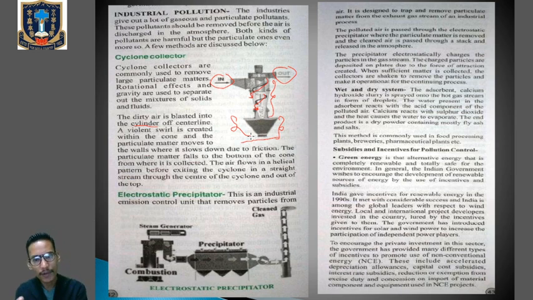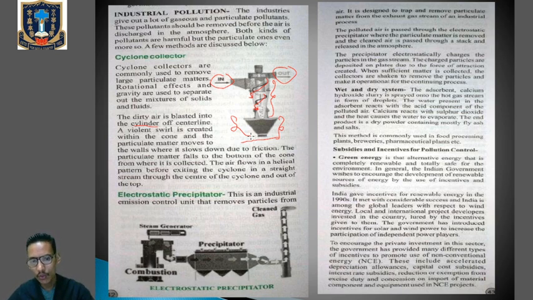Okay, smaller particles will move straight through the cyclone or through the cylinder of the cyclone collector. So when the velocity of the air slowly decreases, at the same time those large particulate matter will fall on the bottom of the cone.